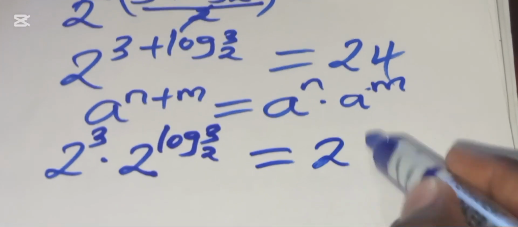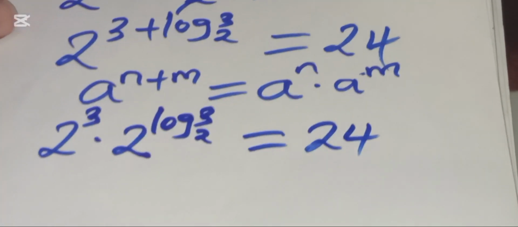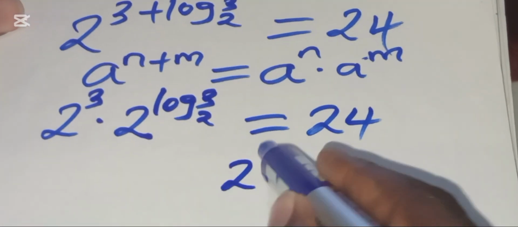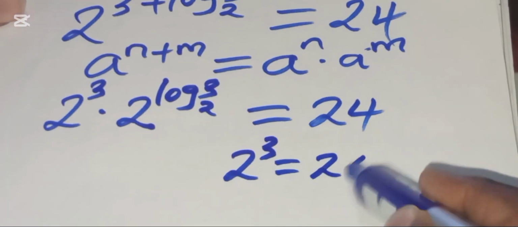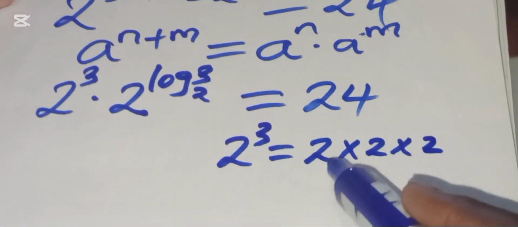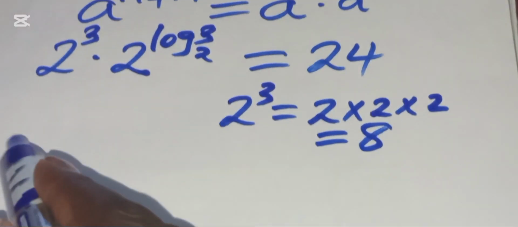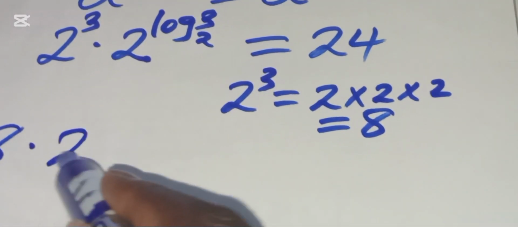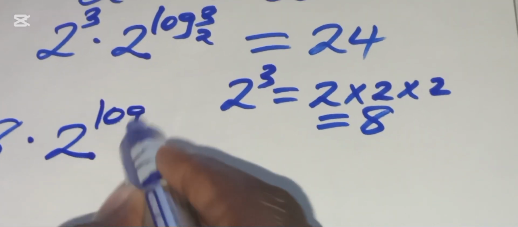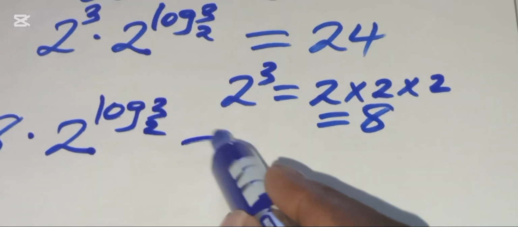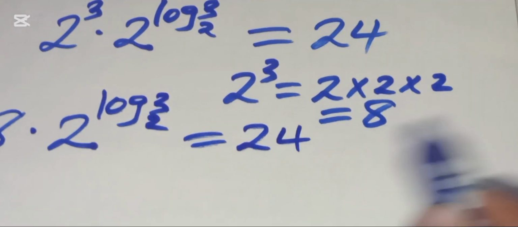Now 2 to power 3 is 2 times 2 times 2, which is equal to 8. Let's substitute this. We'll have 8 multiplied by 2 to power log 3 to base 2, which again should give us a value of 24.